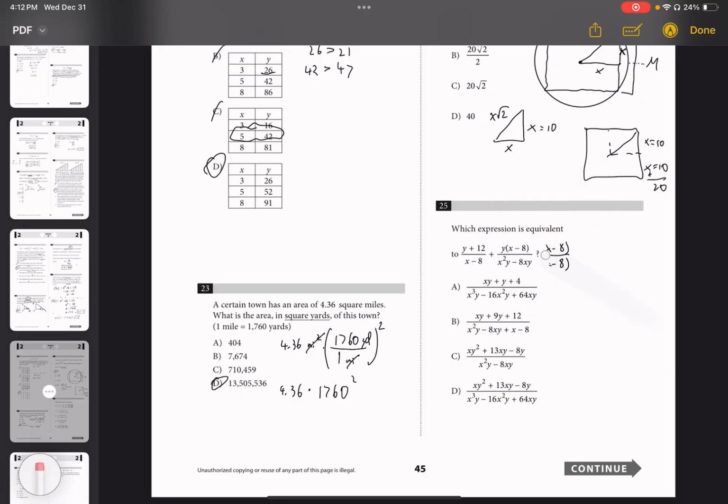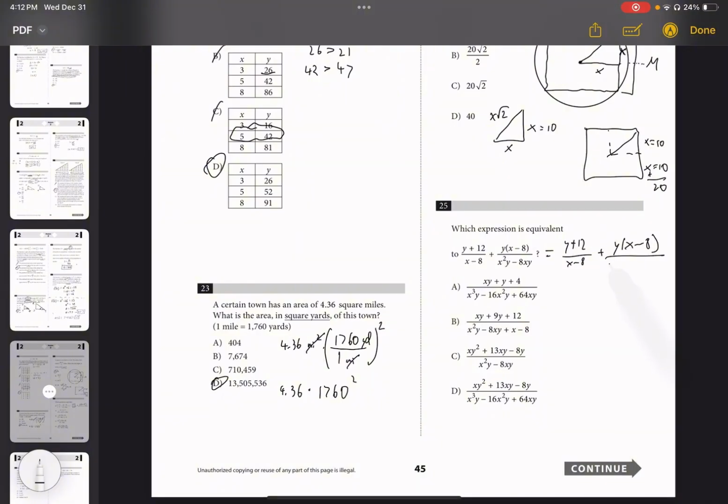But before you do this, you need to realize that this problem is actually equivalent to this right here.